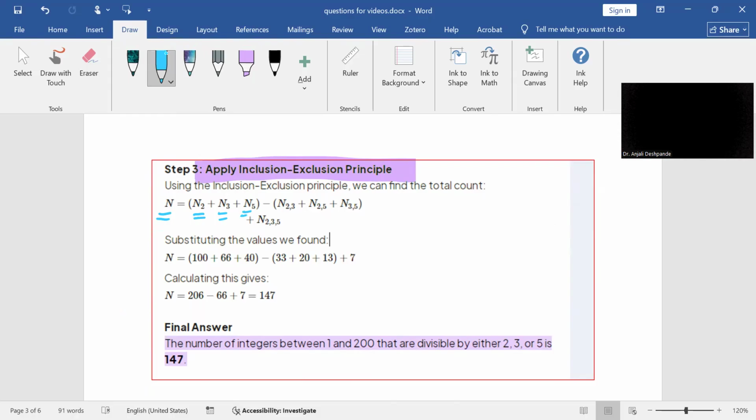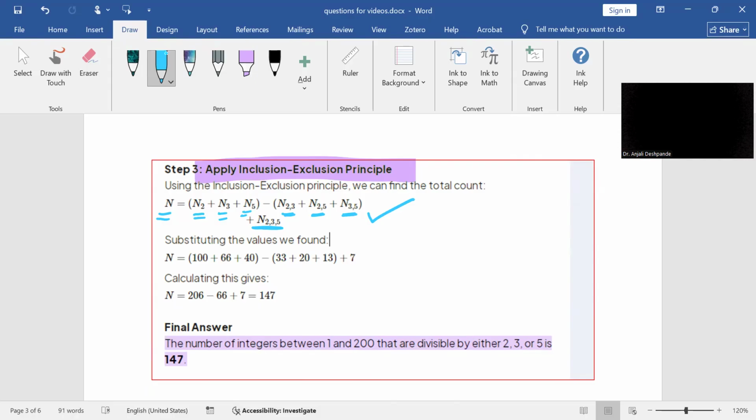Then we subtract the common ones, which are the multiples of 2 and 3, 2 and 5, and 3 and 5. And then we add the multiples of 2, 3 and 5 together. This is the formula which we have to use. Just keep that in mind.